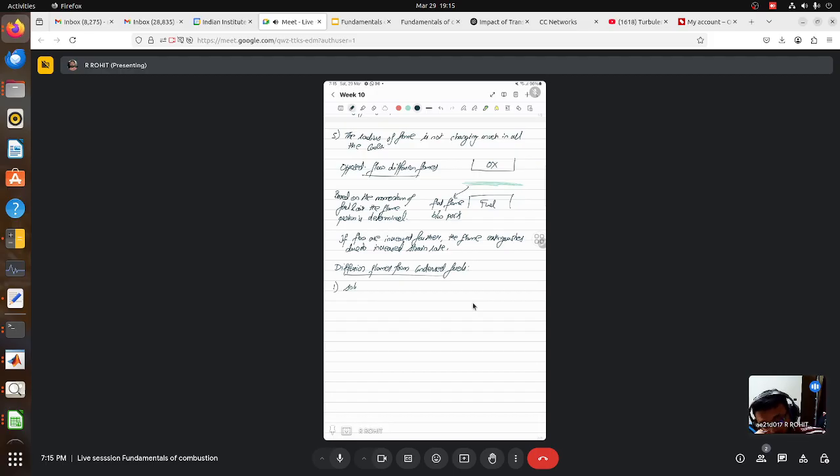It is a solid or liquid fuel where your diffusion flames are formed on their surfaces, where your vapors are being produced. So some simple examples are the candle flame.